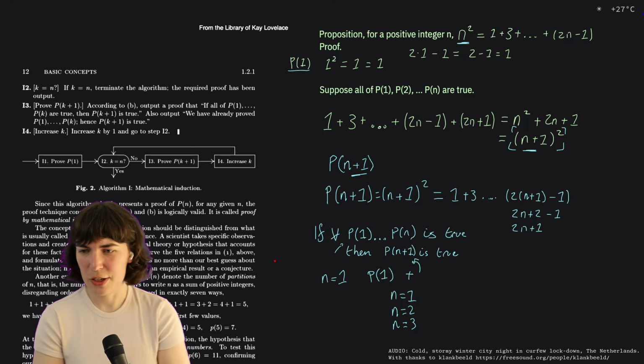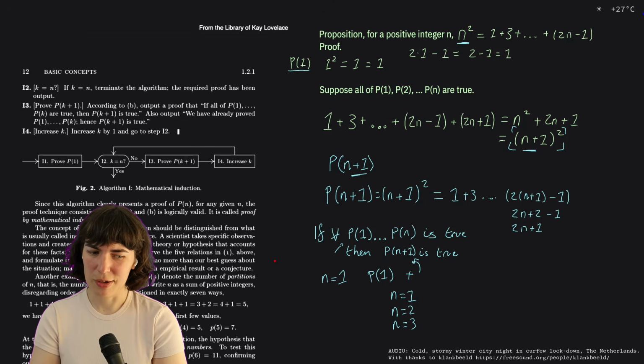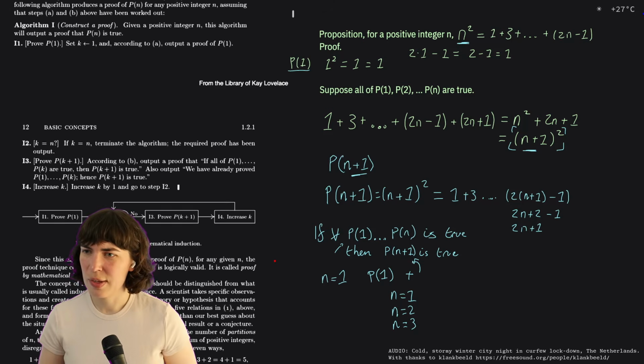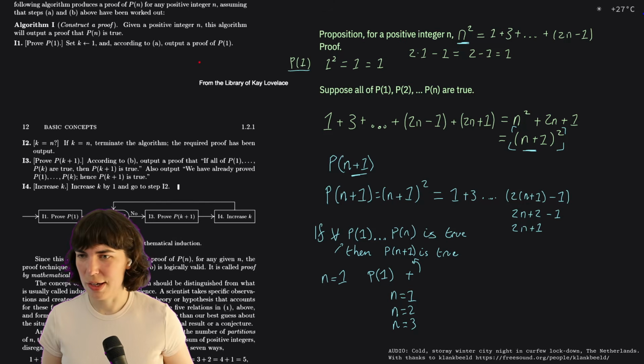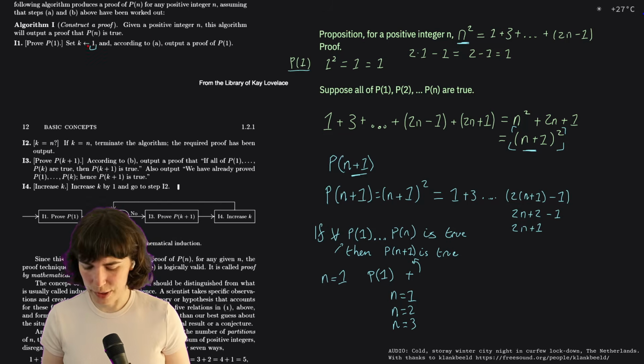Okay, I'm not quite sure what he's doing here, but it may become clearer. Prove P1, k equals n? No, prove k plus 1, increase k. Okay. Alright, so we're starting k at 1. And according to A, output a proof of P1. Okay, fine.